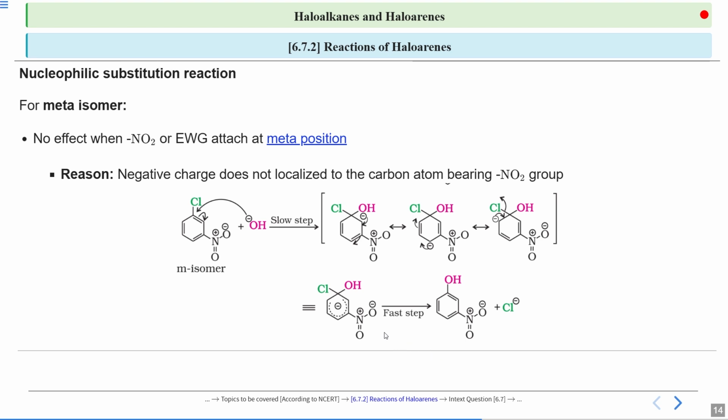Okay, so that's why we haven't considered the meta isomer where the electron withdrawing group is present at the meta position.